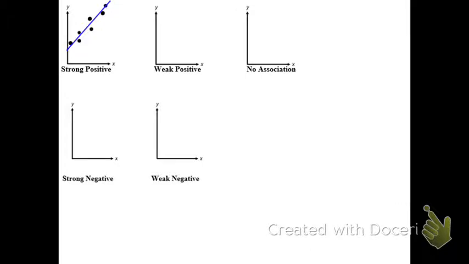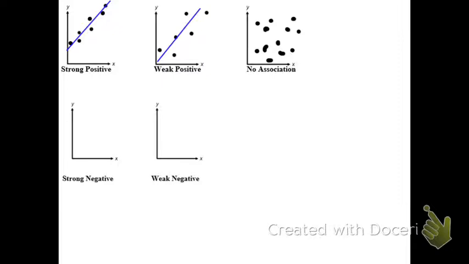That's a strong positive correlation. Weak positive correlation is going to be, again, same thing. So if I put a little more space in between them, you can still see that there's a general trend upward, but those points are farther away. And then no association, if you just kind of draw, we've got snow like that. There's no rhyme or reason. It's just kind of all over the place.